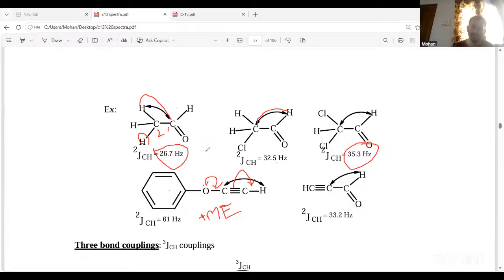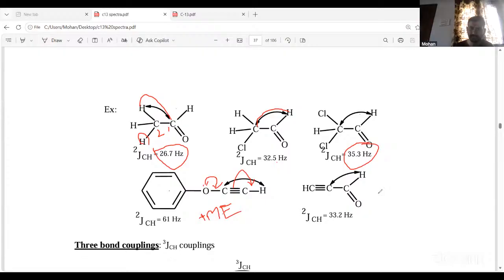The delta value is going to decrease. If the electron density decreases, then the delta value is going to increase. That is inversely proportional, right? The chemical shift value is inversely proportional to the electron density.